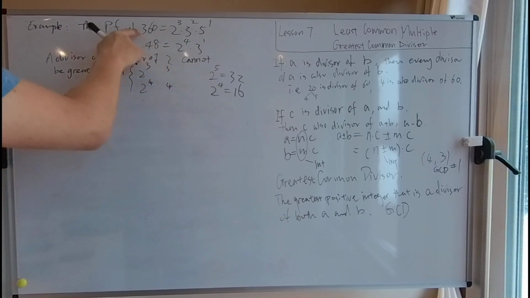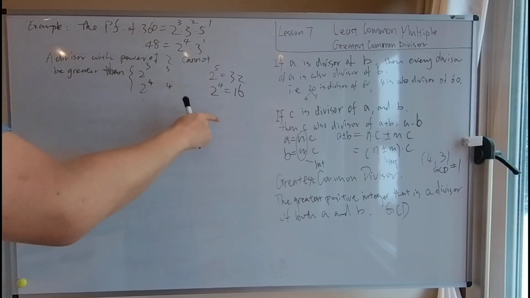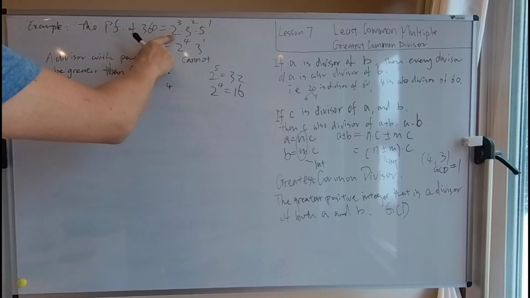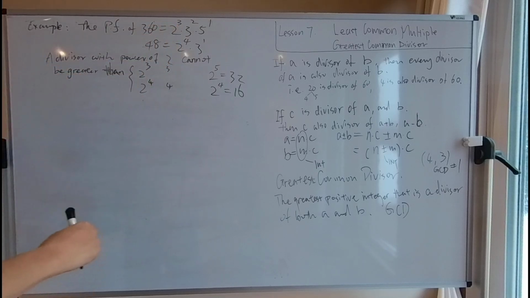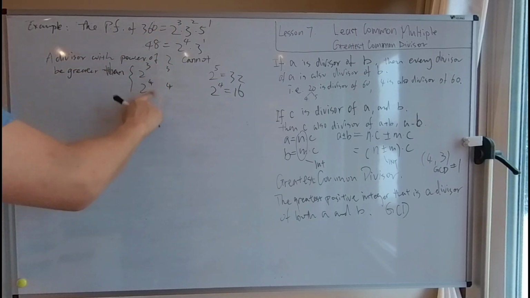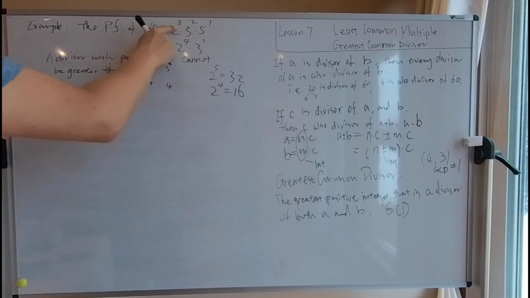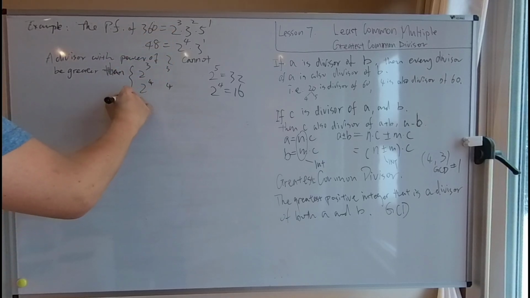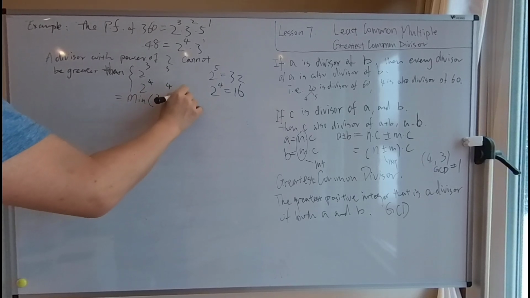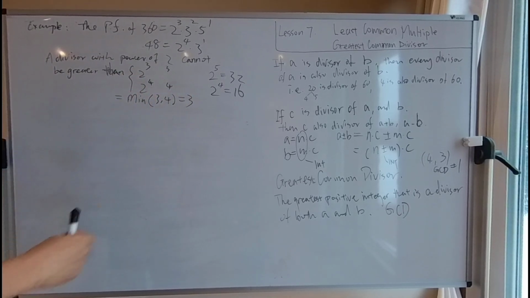But 16 is not a divisor of 360 because you can either do the division yourself, or you can imagine that you only have 2 to the 3rd power over here. So the power of 2 cannot be greater than the minimum of these two powers, which is 3 in this example.